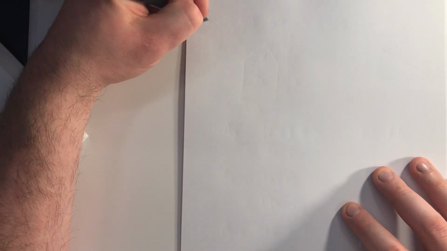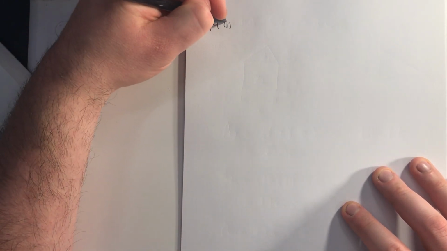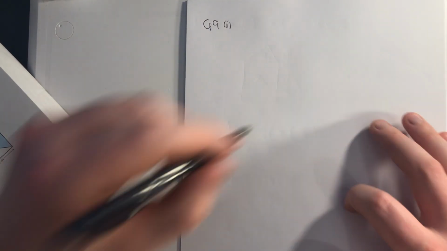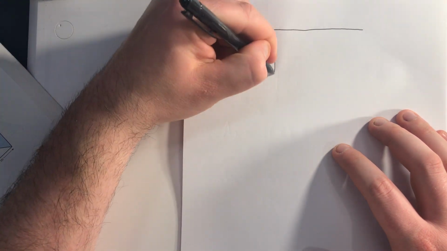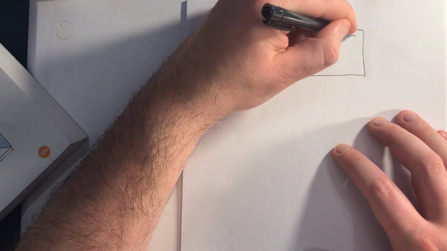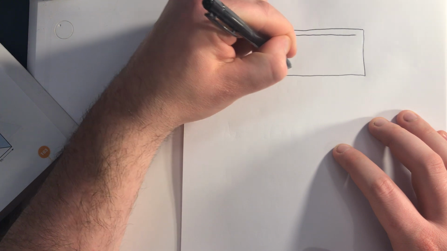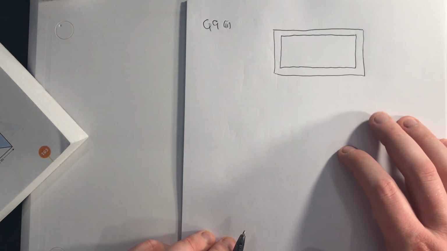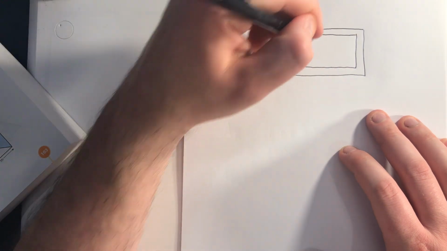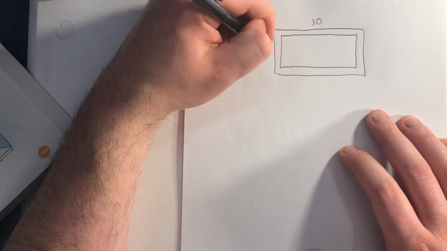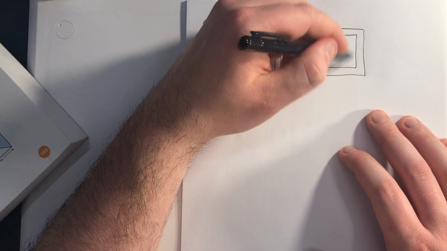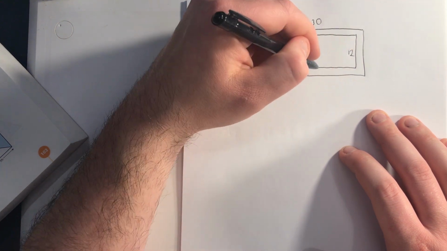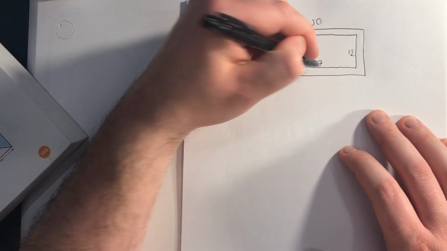Right, let's do question 9, part 2. You're given this shape here, and then there's an inner part to it, and we're told that it is 30 across the top and 15 high, and we're told this one here is 12 and this one here is 27.